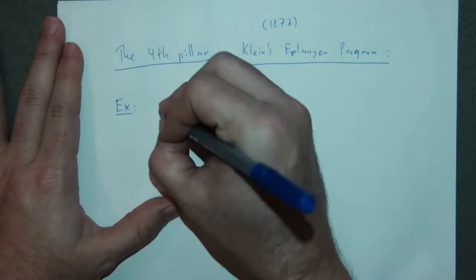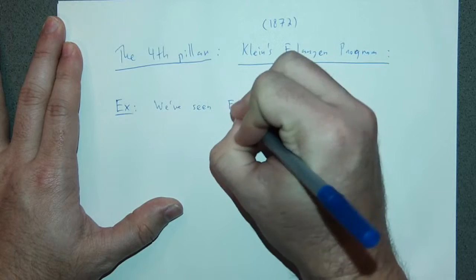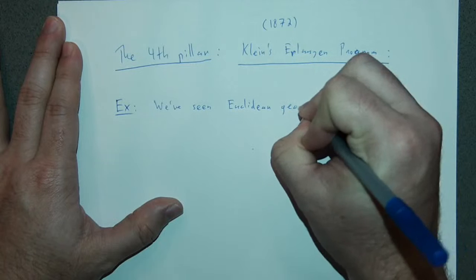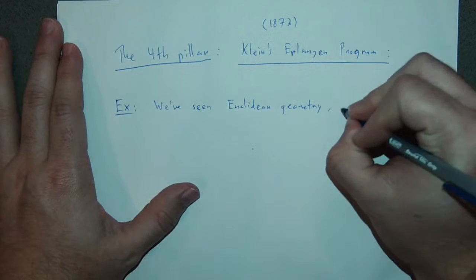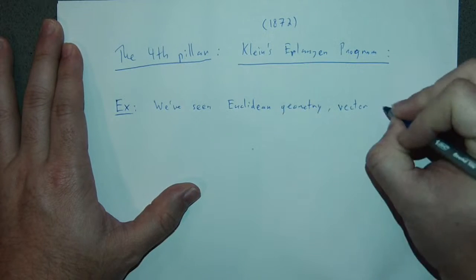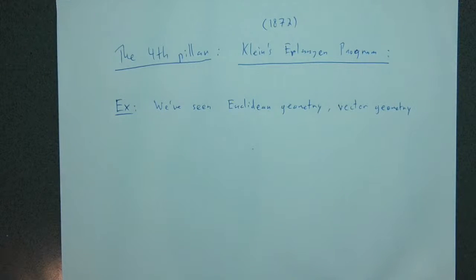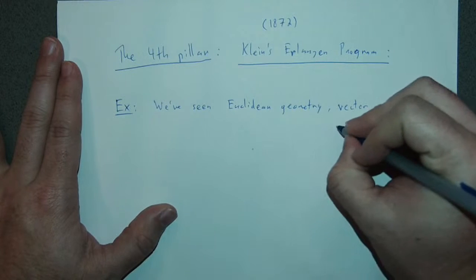So we've seen Euclidean geometry, which arose out of compass and straight edge constructions. We saw vector geometry, which we developed next. Of course, we use the vector geometry to eventually prove some Euclidean geometry stuff, and projective geometry.